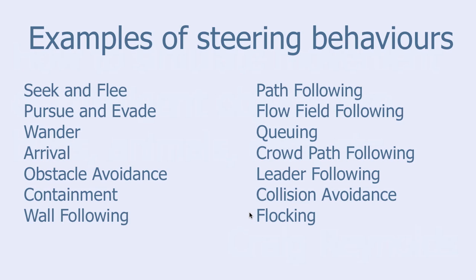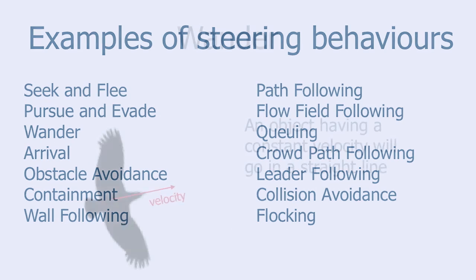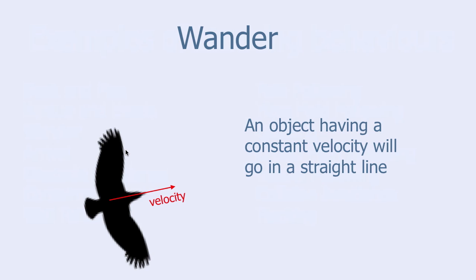In our tutorial, we will look at the wander steering behavior. We want to make an object wander about on the scene in something that looks like a natural roaming movement.